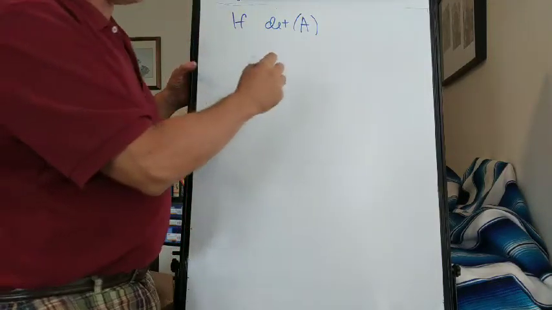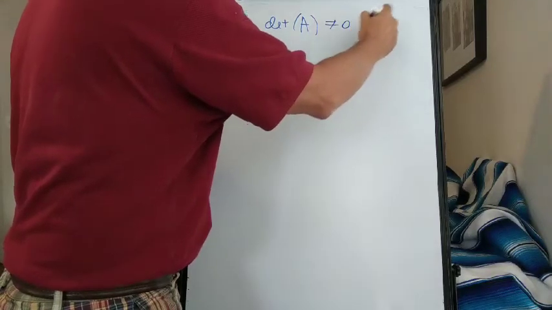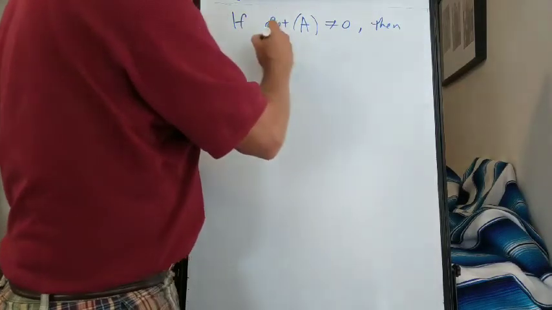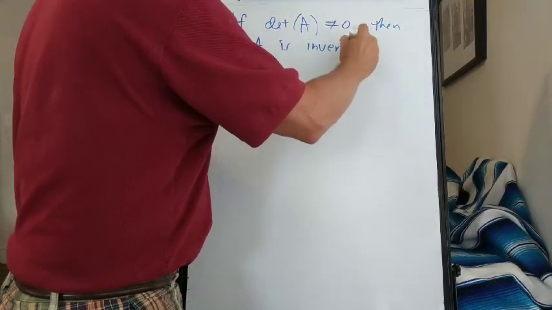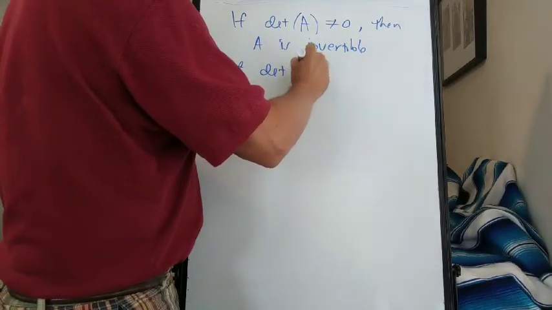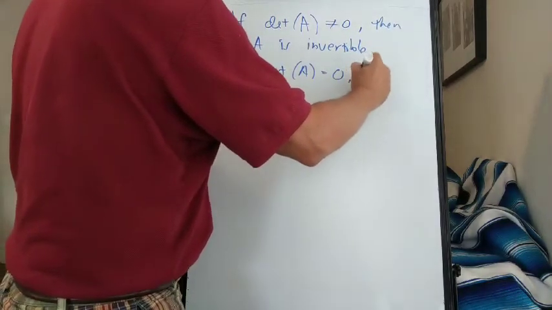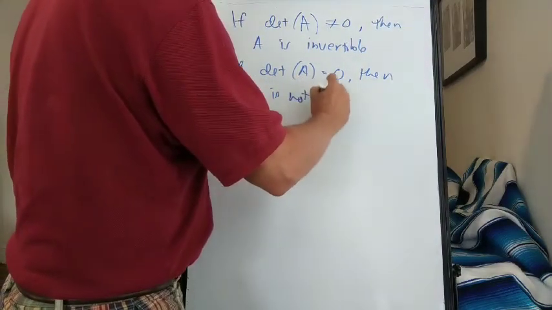If the determinant of a matrix A is not 0, then A is invertible. If the determinant of the matrix is 0, then A is not invertible.